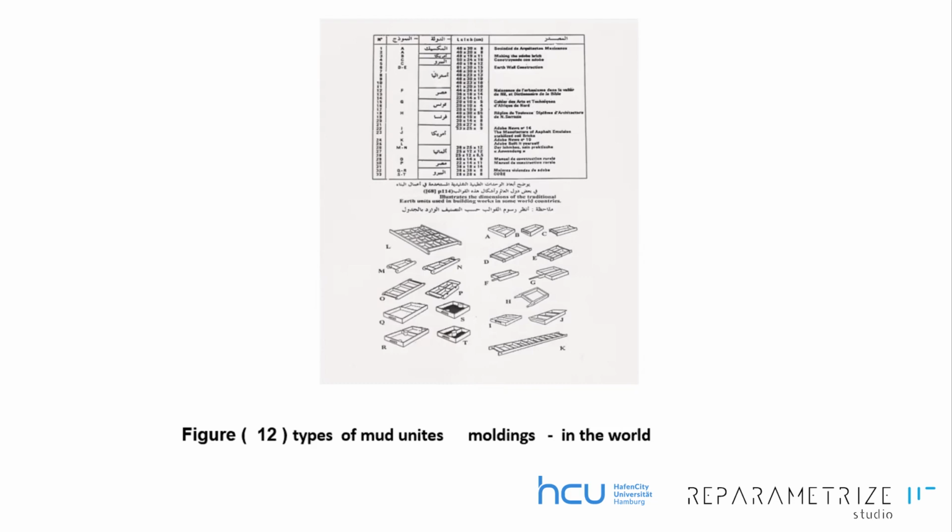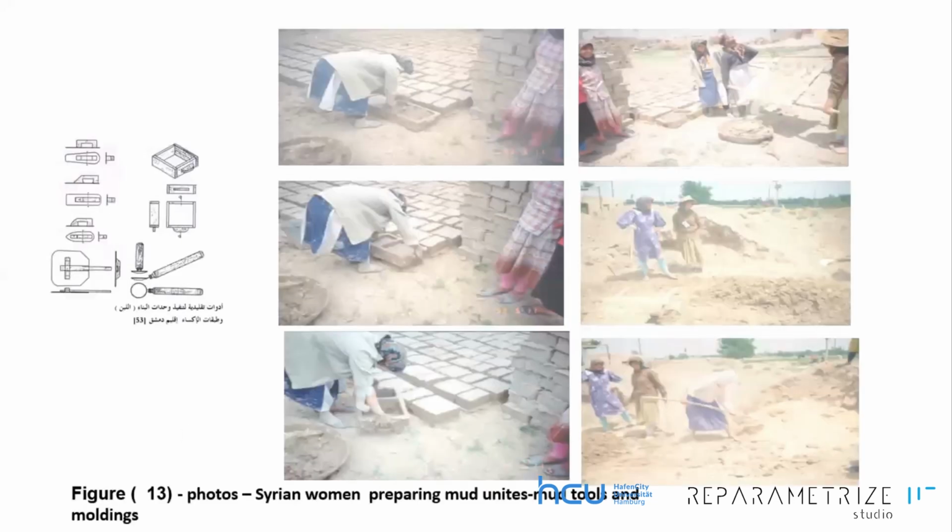But all of them depend on the traditional or human traditional scale. Here is how we can prepare the mud brick, and you can see the women in the region around Damascus preparing all these units to start building the traditional houses in the area.